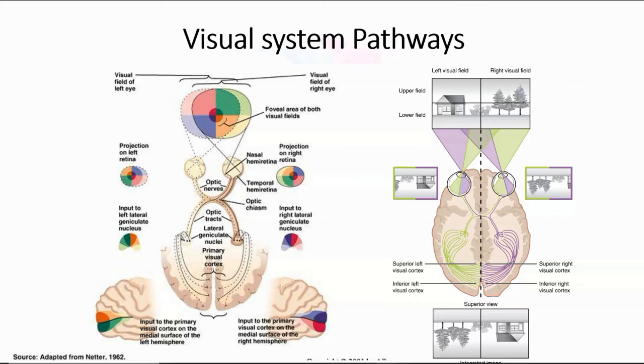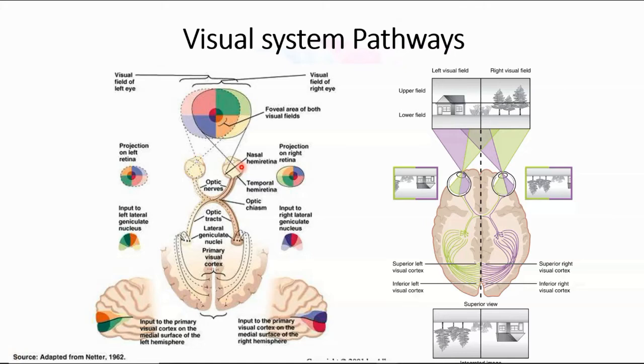The visual fields of both eyes, the right and left visual field, overlap extensively to create a binocular visual field. Therefore, the binocular visual field consists of two monocular visual fields.